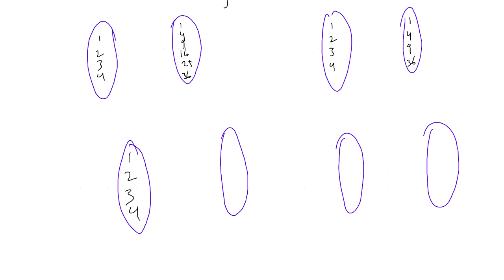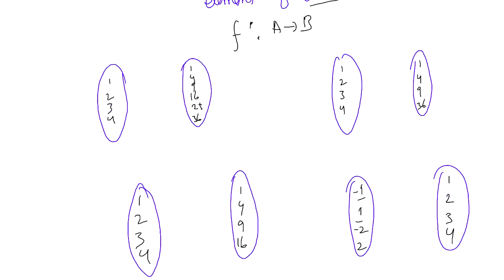We can say 1, 4, 9, 16. Minus 1, 1, minus 2, 2. There is 1, 2, 3, 4. So we have taken 4 cases over here so that we can understand the concept of function. In fact, identifying function very easily.